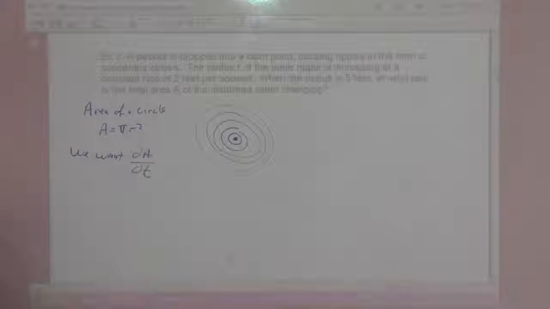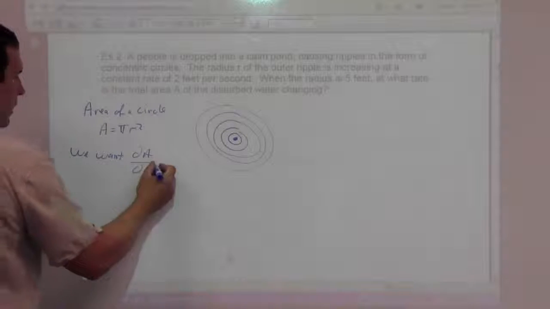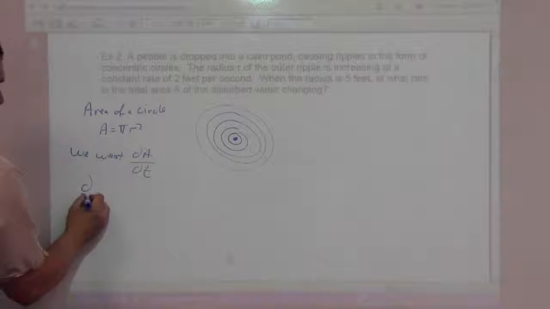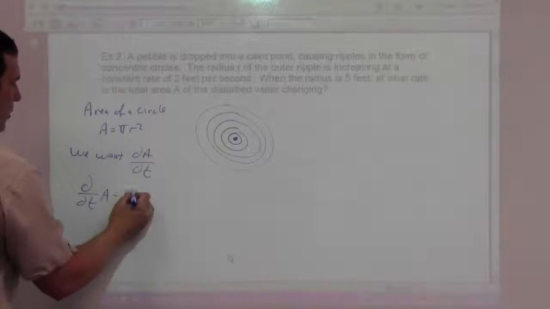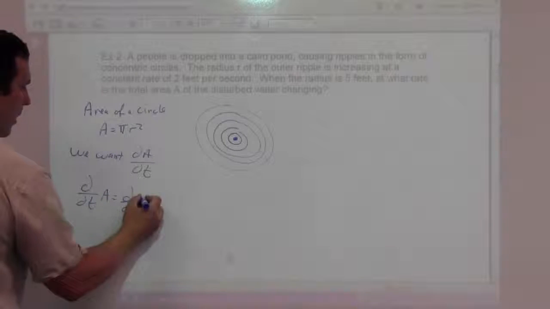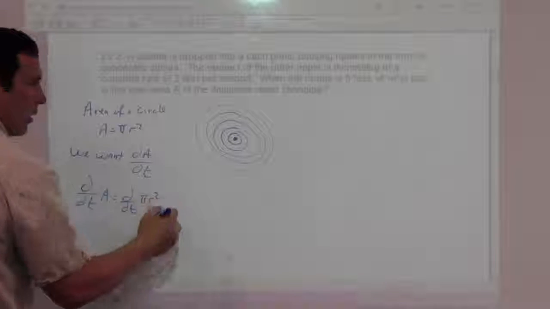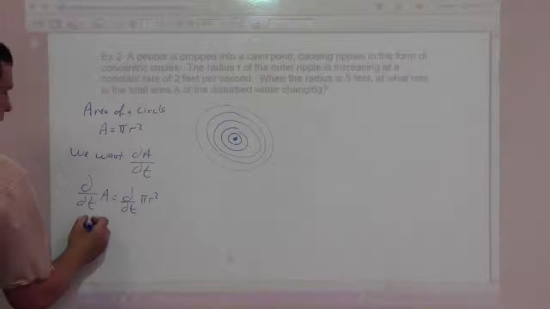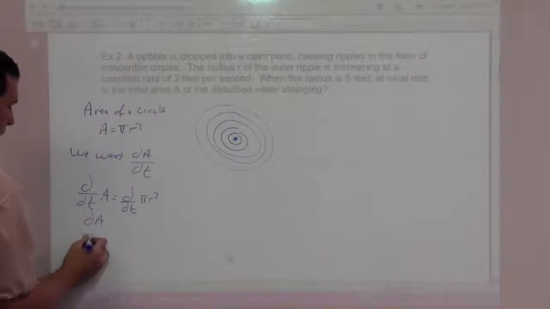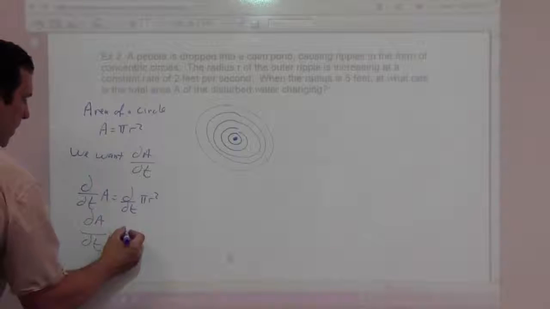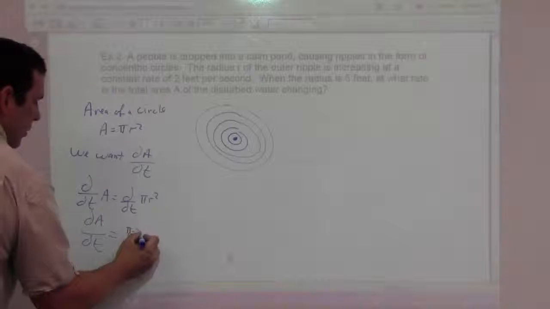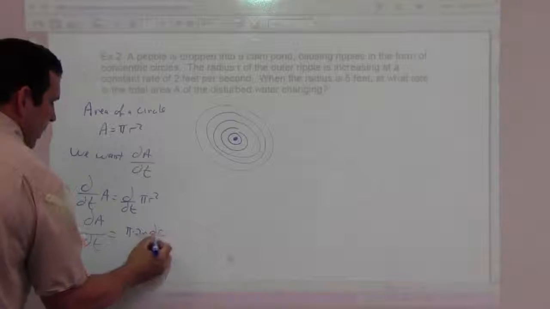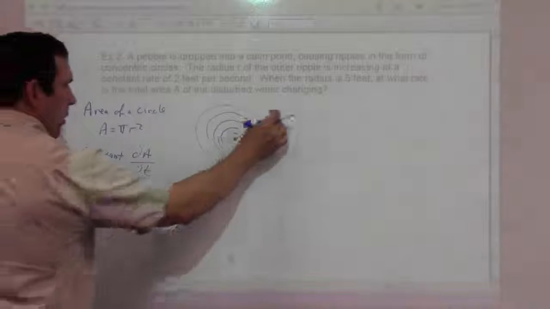So dA/dt. We're going to take the derivative with respect to t of A equals the derivative with respect to t of pi r squared. So our dA/dt is going to be pi times 2r dr/dt, since the radius growing is a function of time.